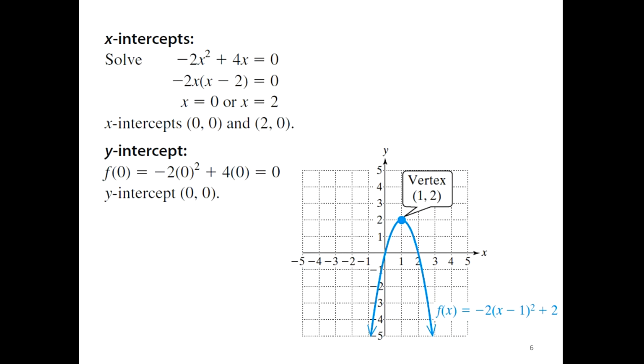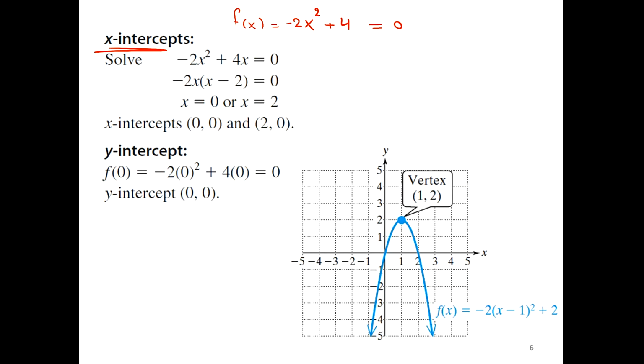Now, we need to find the x-intercept and y-intercept for the same quadratic function. We have f of x equal negative 2x squared plus 4x. And we need to find the x-intercept. X-intercept means f of x equals 0. So we need to solve this equation.